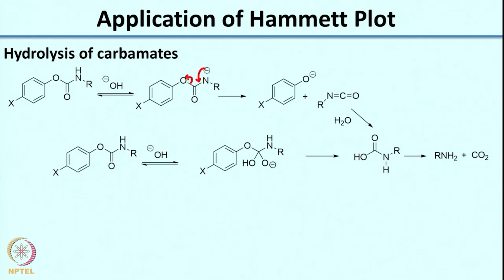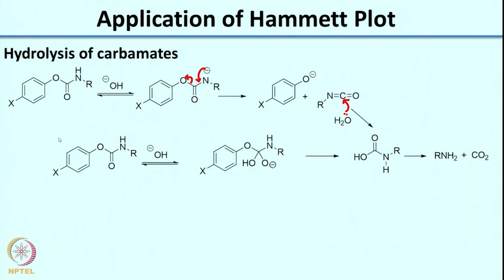So what you end up generating is a phenoxide, and then you can imagine water attacking the carbon here to give you the hydrolyzed carbamate, which would further decompose to give you the amine and carbon dioxide.